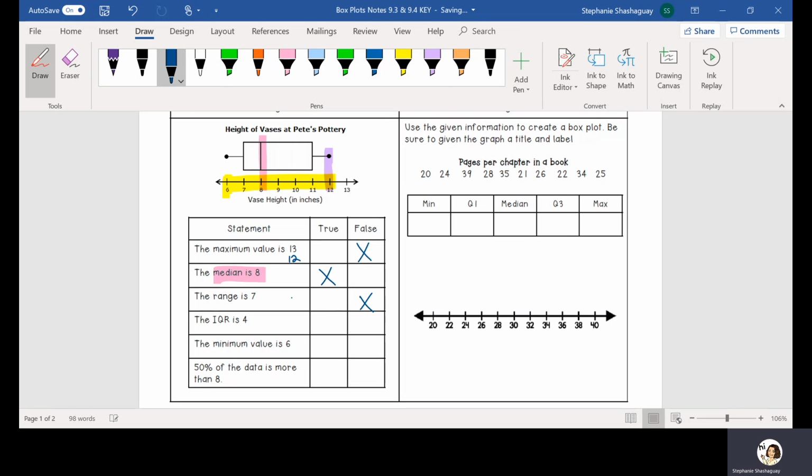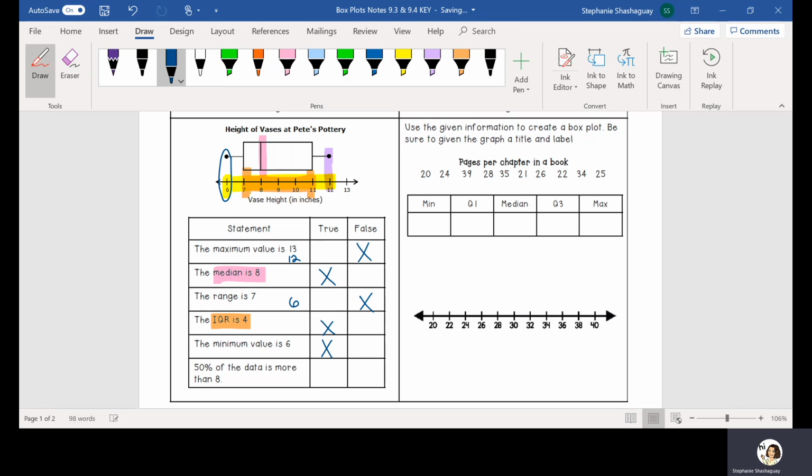So that's false because the answer should be 6. The interquartile range, the IQR, is 7 to 11, and 11 minus 7 we've already determined is 4, so yes, that is true. The minimum value is 6. Yes, the minimum value is 6, right here.